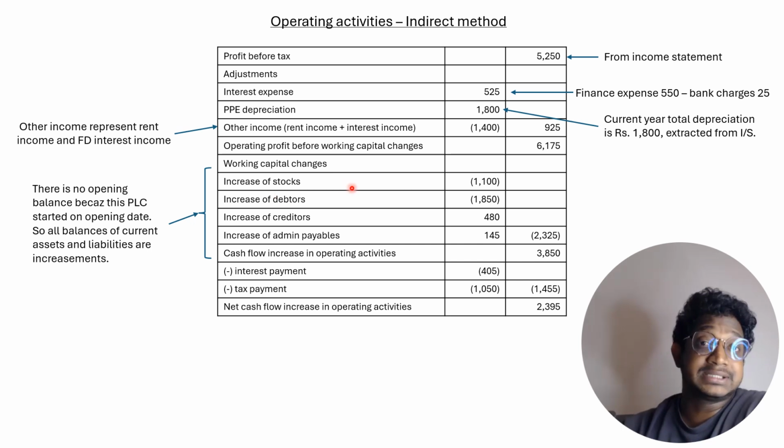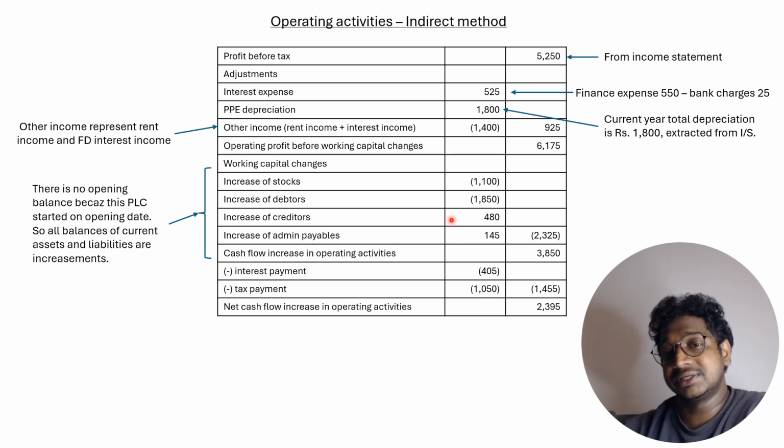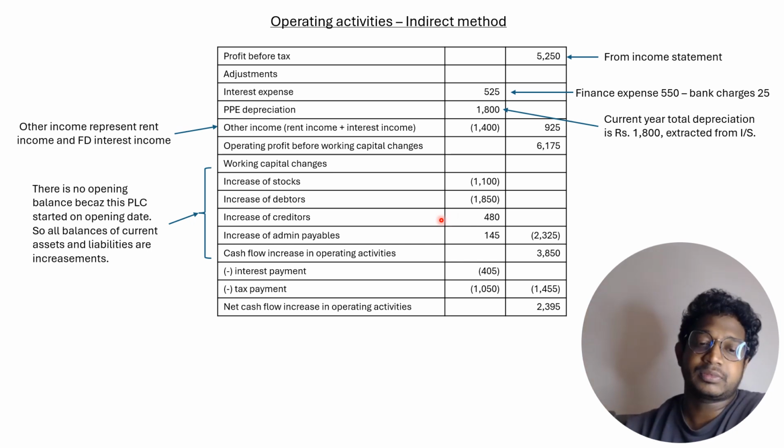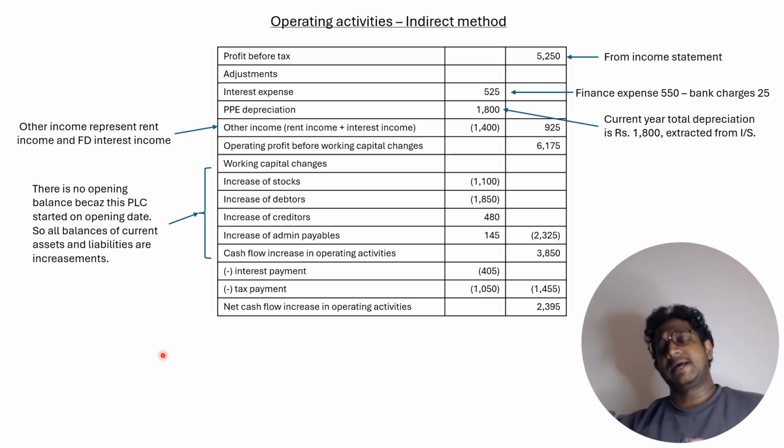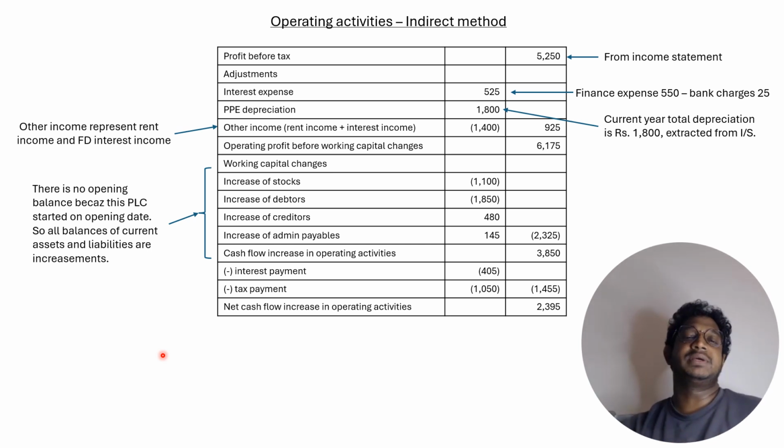When current assets increase, it's an outflow, and when current liabilities increase, it's an inflow. That's how you prepare the indirect method. If you've done it correctly, both the direct method and indirect method should give the same answers, right?